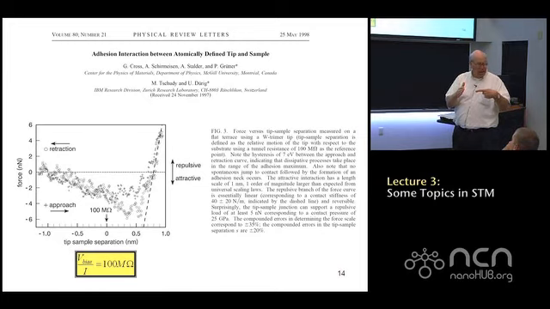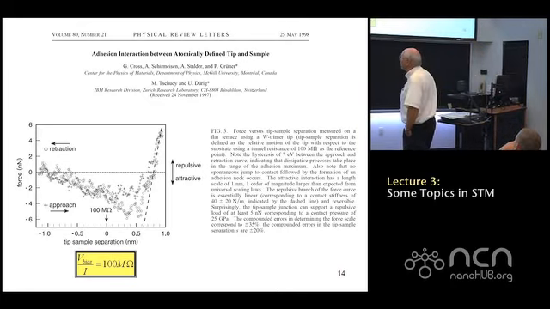Then as they continued to push the tip in closer, the cantilever actually deflected away. That's represented by positive force values on this graph. So there's a repulsive and an attractive regime. They mapped out very crudely what the shape of the force versus distance curve looks like using scanning tunneling microscopy. Okay, that was 1998.